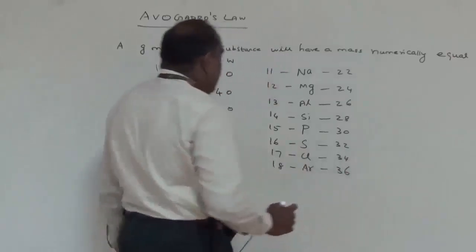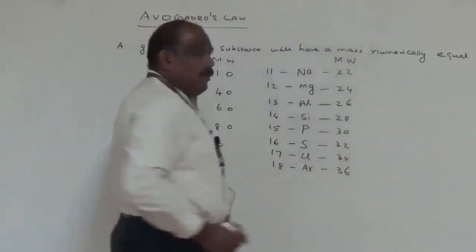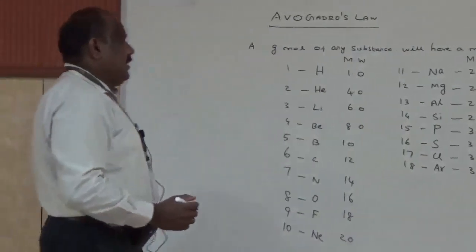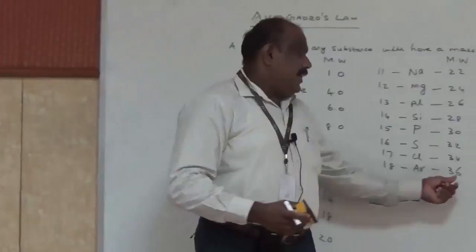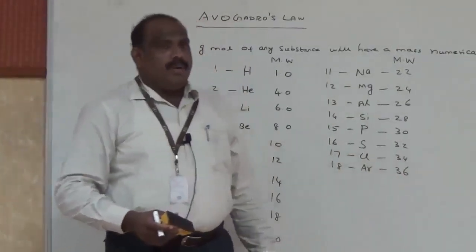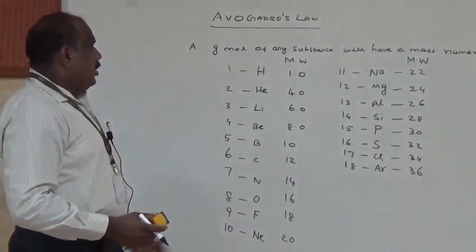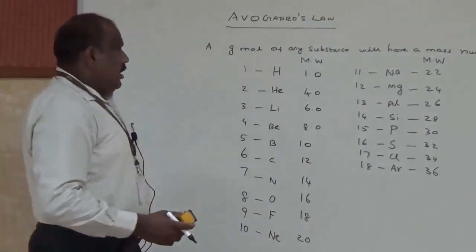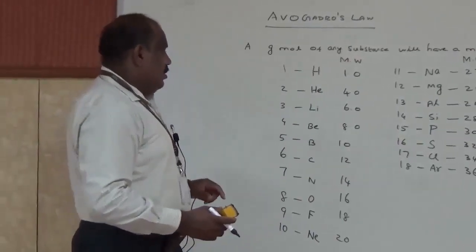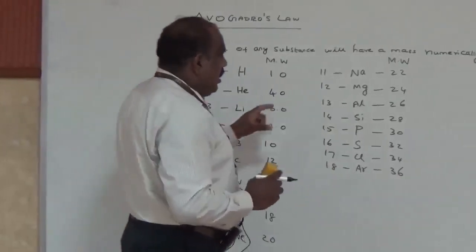So the molecular weight of the elements is nearly 2x its atomic number, except for hydrogen. This value will vary slightly for higher order elements. Slightly there will be variation, but almost it will be 2x the atomic number. So you should know the molecular weight before we go into this concept. Okay, I hope now I can erase this.